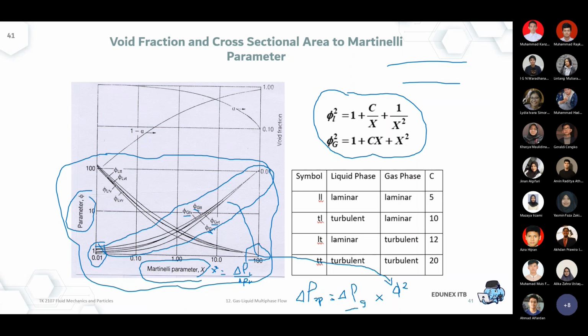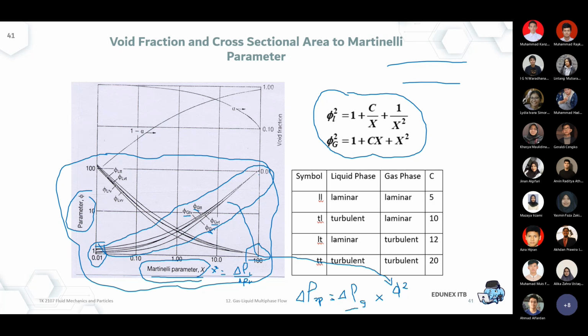Right side, sir. Yes, if most of it is liquid, that means the delta P of the liquid will be a large number, and you have a relatively small delta P in the vapor part. That will give you a large Martinelli parameter X, because liquid will dominate.